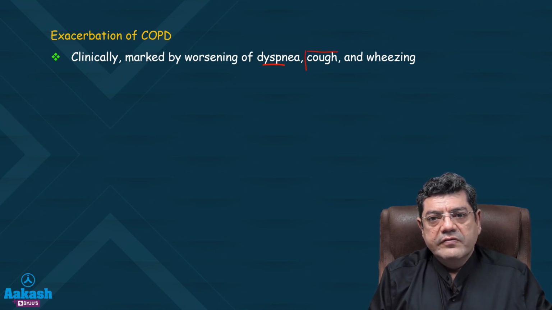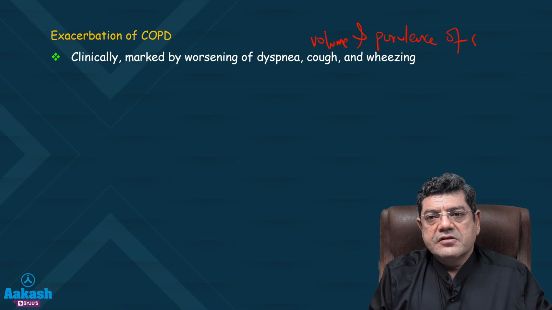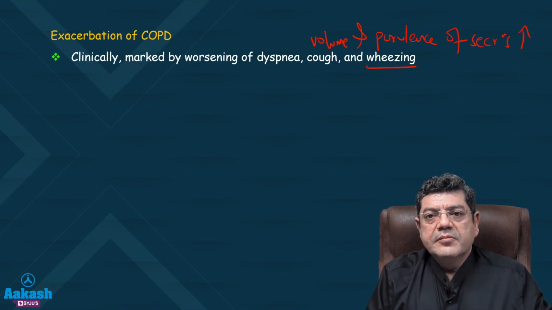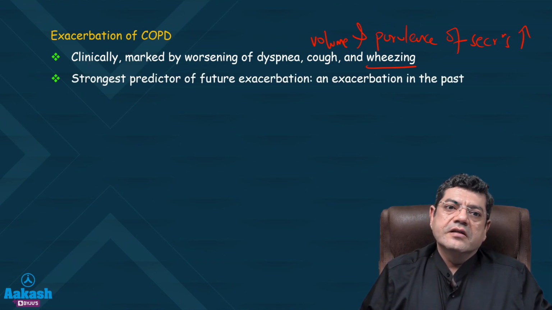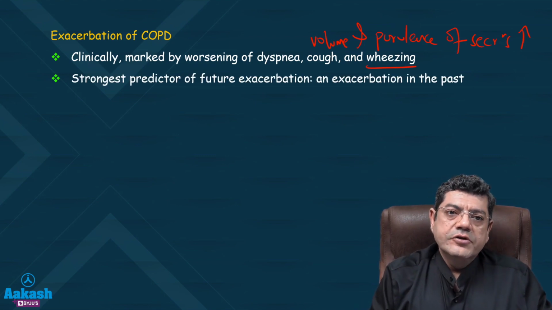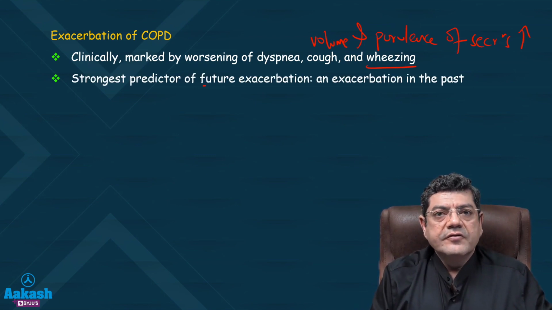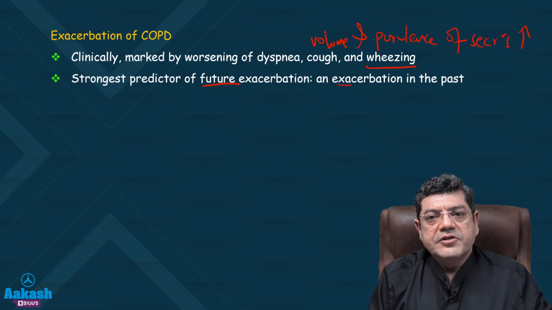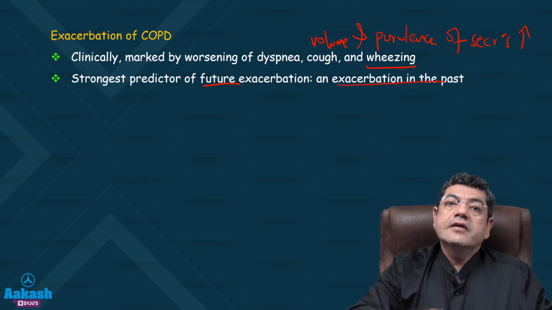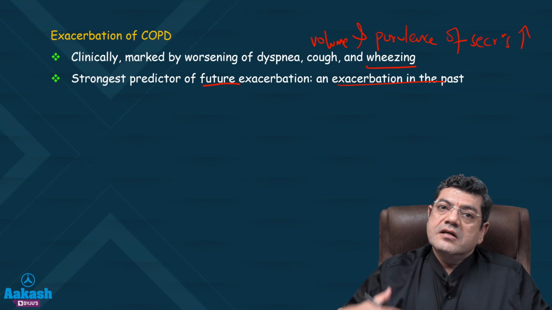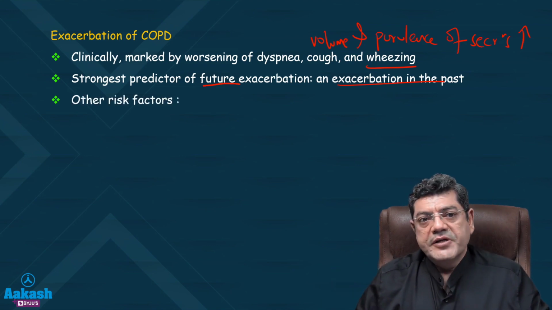The cough will increase, the volume and purulence of secretions will increase. There will be more wheezing than usual, right? I told you the strongest predictor of a future exacerbation is an exacerbation in the past, which explains why group C and D patients are considered high risk COPD patients.